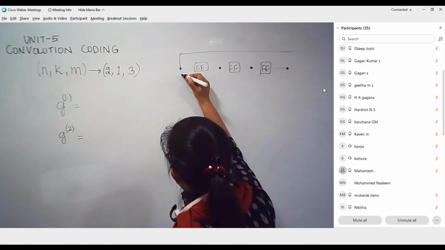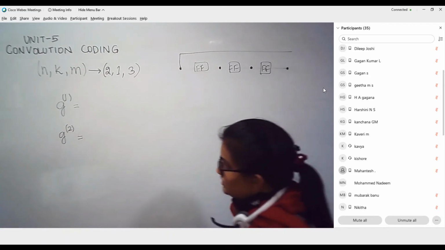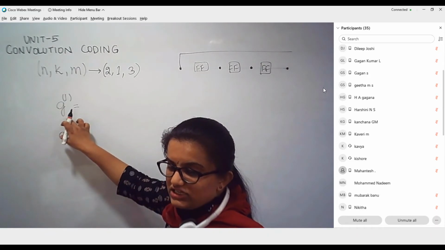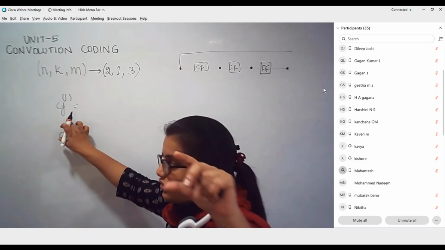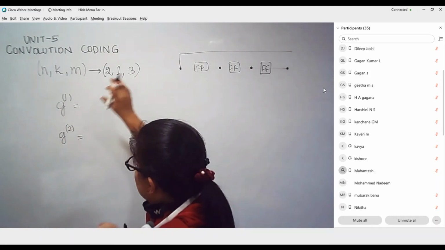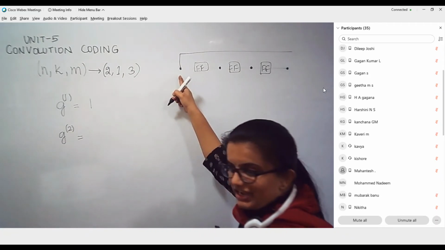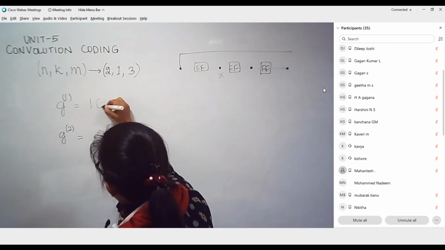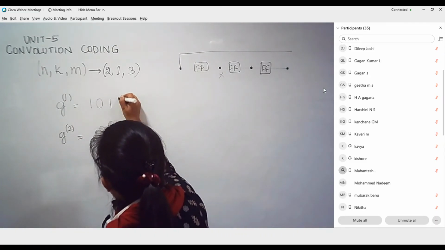Let me consider each one of these as a checkpoint. Looking at the inputs to the modulo 2 adder at the top, it considers the input bit directly. Then this one was not considered, so it is 0. The next 2 are considered, so they are 1.